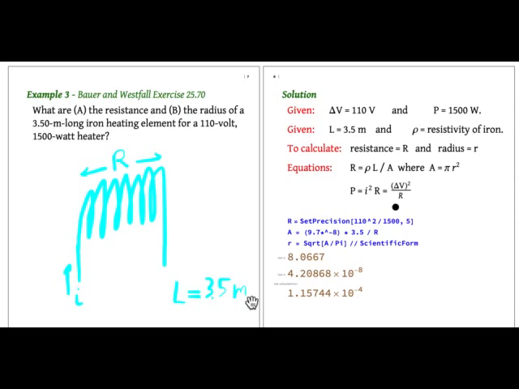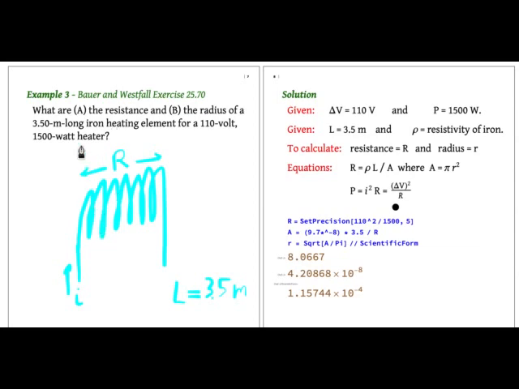Well, because of the resistance, it'll get hot. It'll get red hot. You'll have a red hot wire here, 3.5 meters long, and that will radiate infrared waves and also some visible light waves. That's why it looks red. So there'll be infrared and maybe some red light waves.